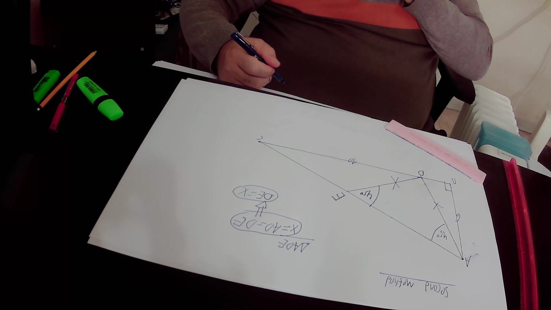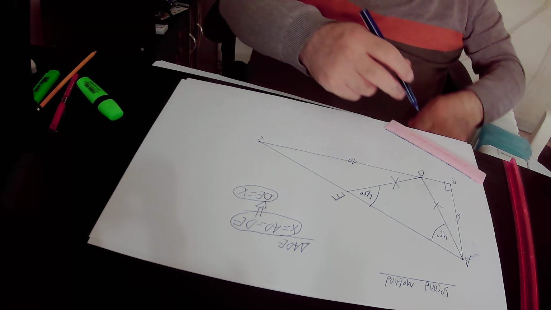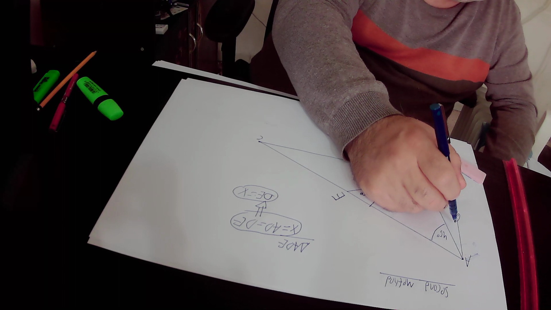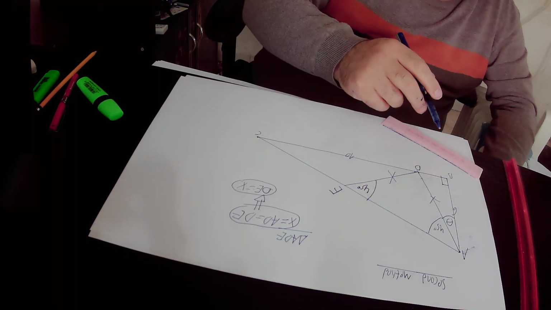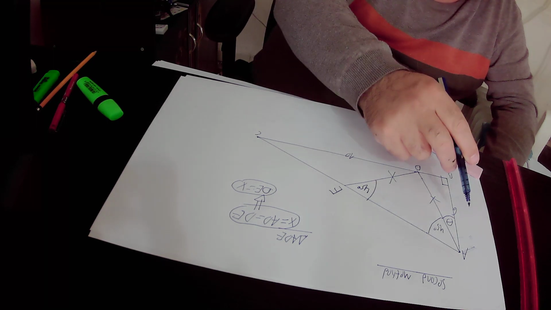We will define angle BAD as theta. So in the right triangle, triangle ABD, angle BAD equals theta.